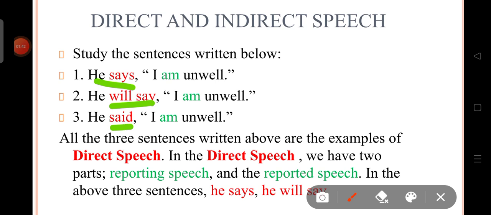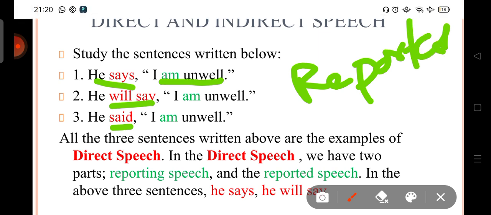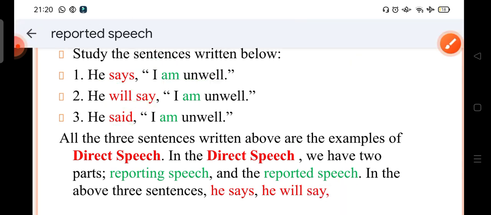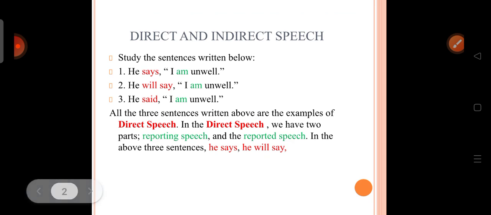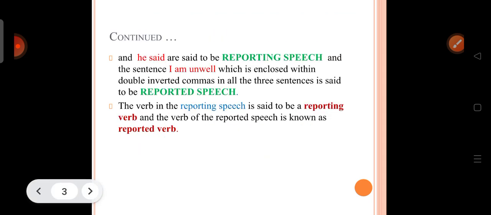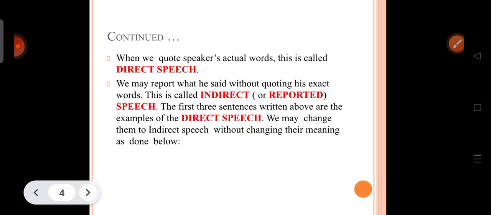And this is a reported verb. Whatever verb is available in the inverted commas is called the reported verb. Just remember reporting verb and reported verb.